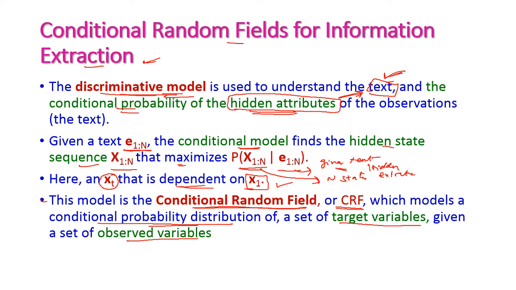So we have to find the target variables from the observed variables. It is a discriminative model used to understand the text as well as the hidden attributes of the given text.